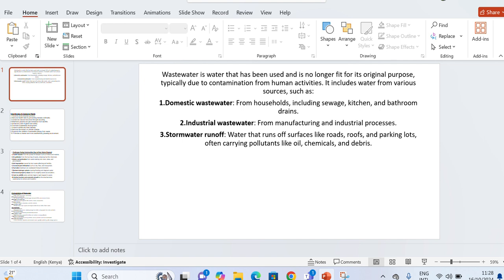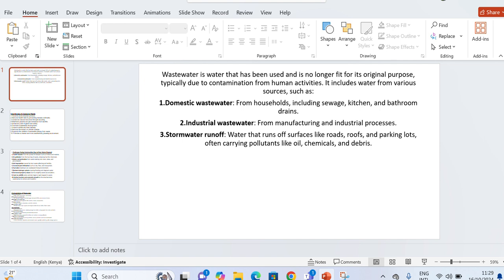That one is about stormwater runoff, and this stormwater runoff normally occurs during heavy rainfall. It normally takes excessive elements from different areas, like roads.